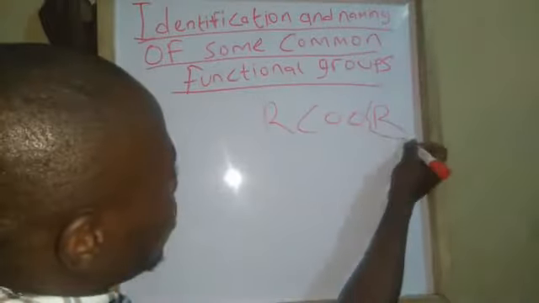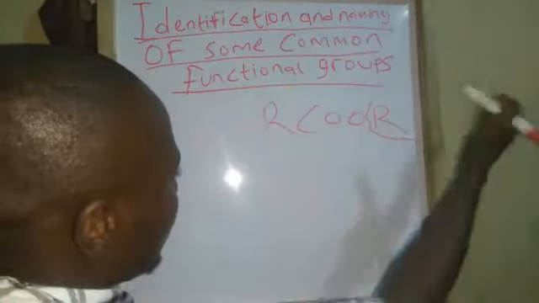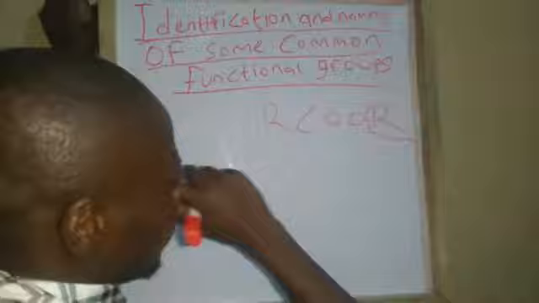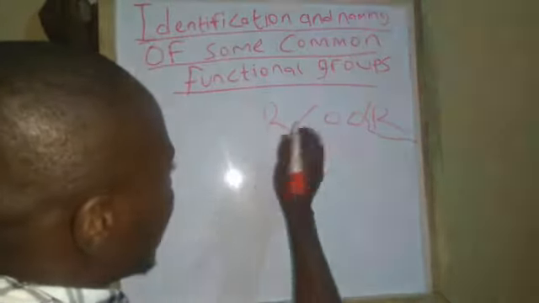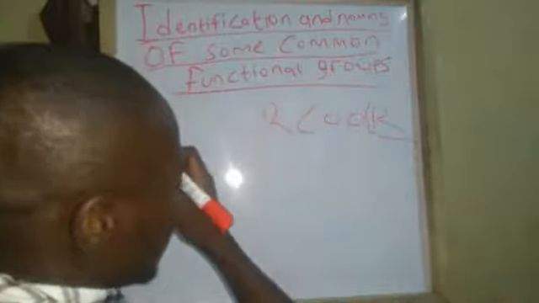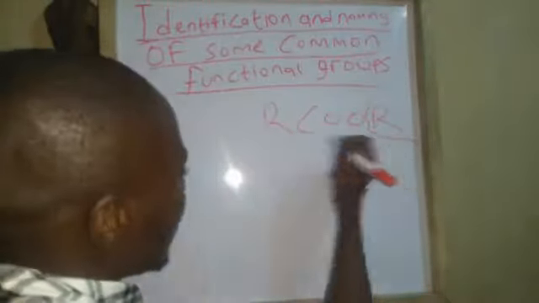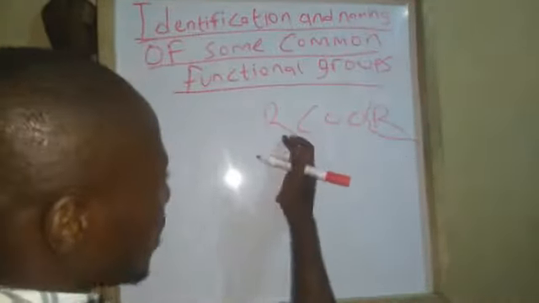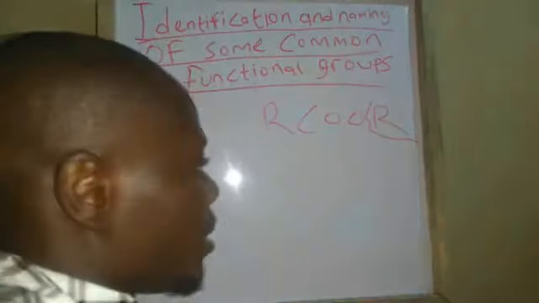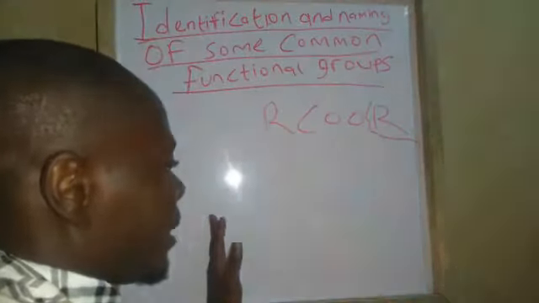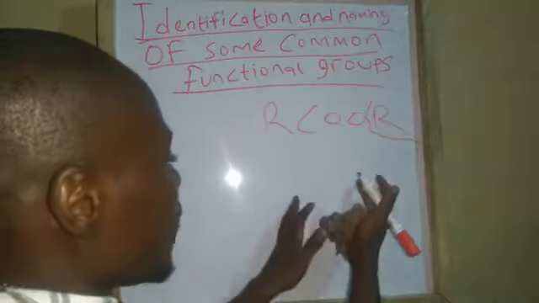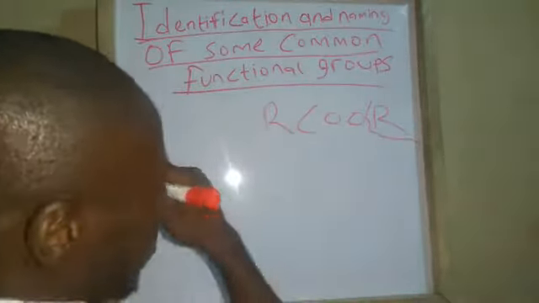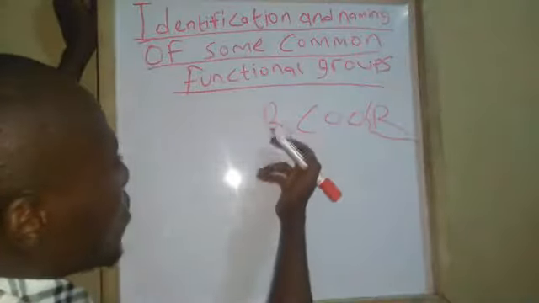So propyl will come second. Now the propanoate is like propane. So propanoate will come first in the writing of the structure, then propyl will follow. Are you getting it? Now let's write propyl propanoate.